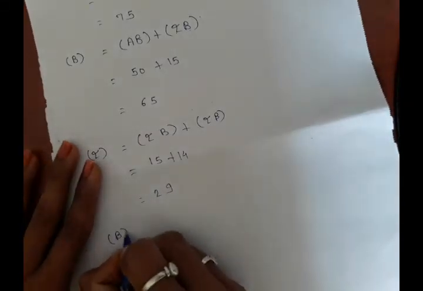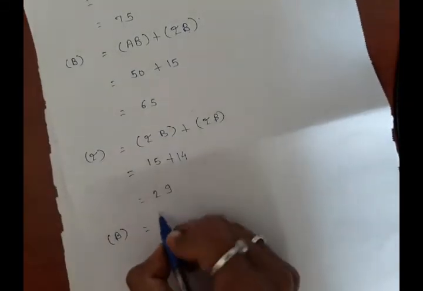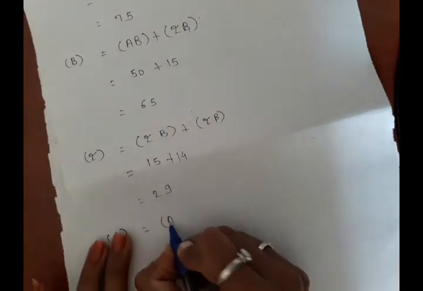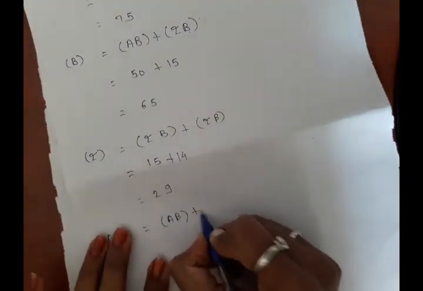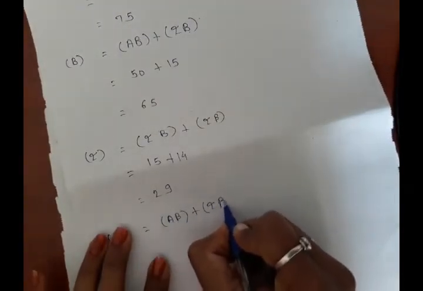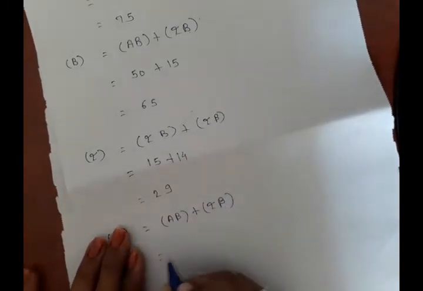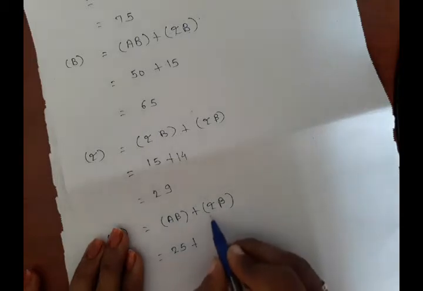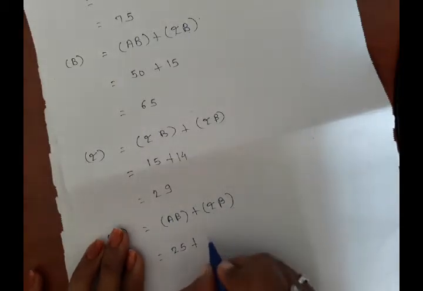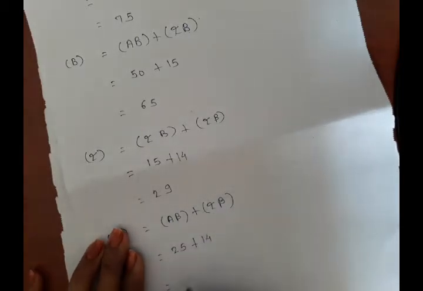Next, (β) is equal to (Aβ) plus (αβ), where (Aβ) is 25 and (αβ) is 14. The addition of 25 plus 14 is 39.